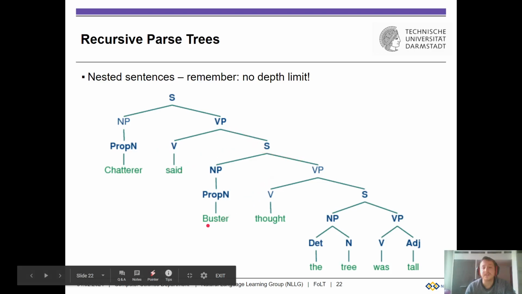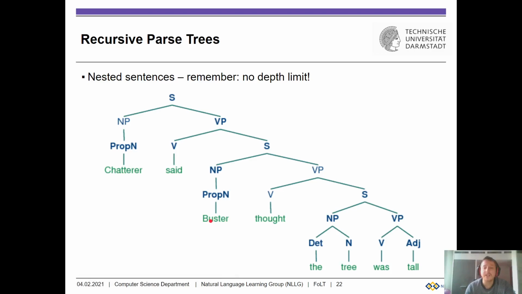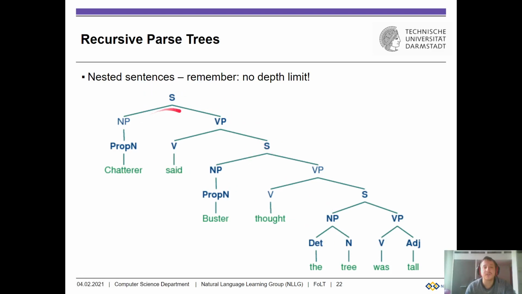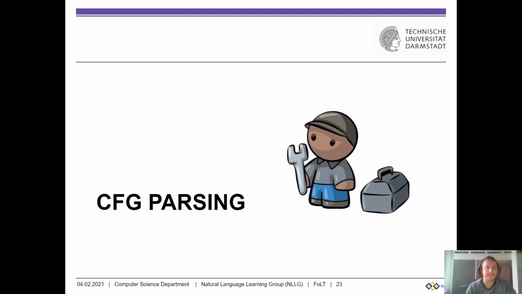And the other sentence is, similar to our initial illustrations, a sentence like Buster thought the tree was tall. So Chatterer said, Buster said the tree was tall. So we have a sentence here, so that is the recursion, right? A sentence goes into a sentence, which goes into another sentence, which allows for unlimited construction of novel sentences in our grammar.